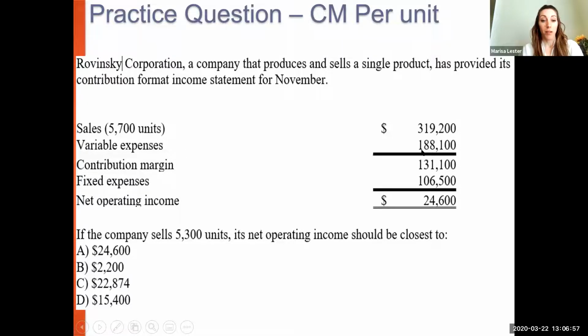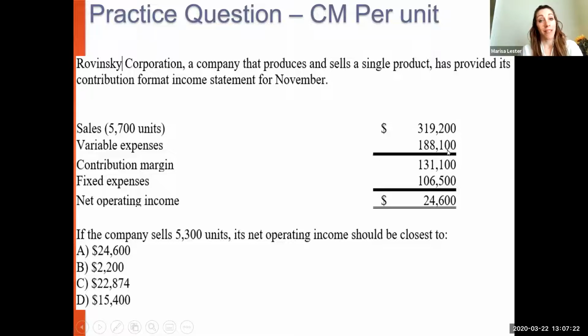Then I have variable expenses, that gives me contribution margin per unit, minus fixed expenses gives me NOI. If the company sells 5,300 units, what is its net operating income? All right, and again, this is quick and dirty, it's an estimation. This is not reporting in my financial statements. So you're given everything here.